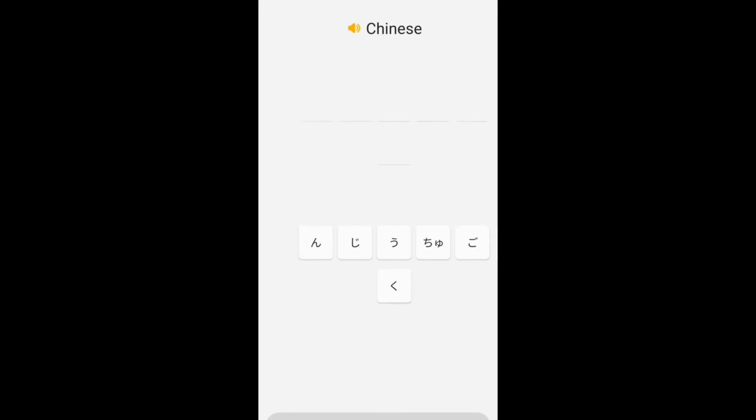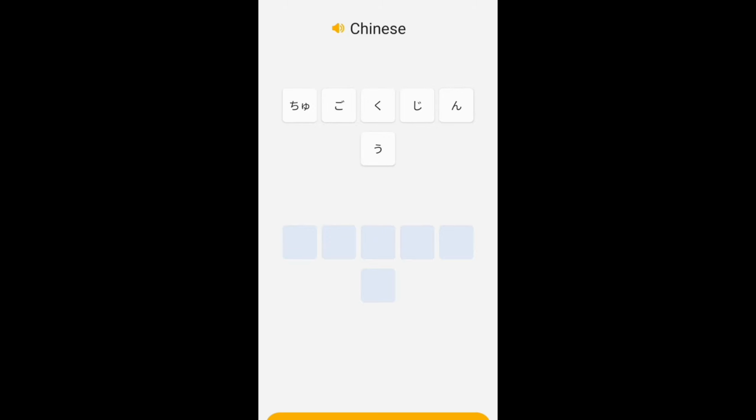And Chinese is Chugokujin. So they're writing it down on the thing. Chugokujin. So Chugokujin is Chinese.